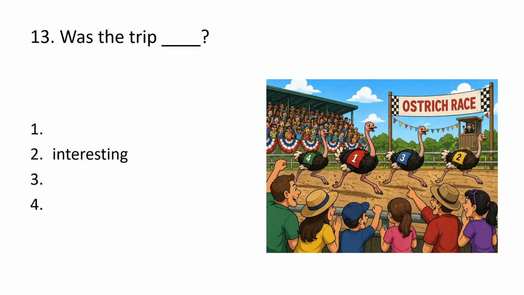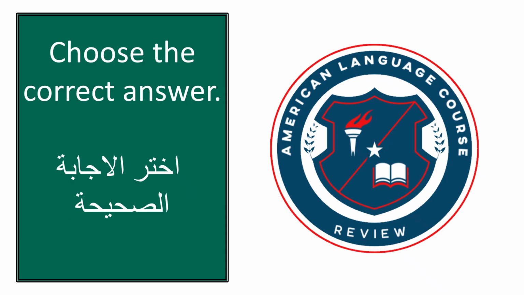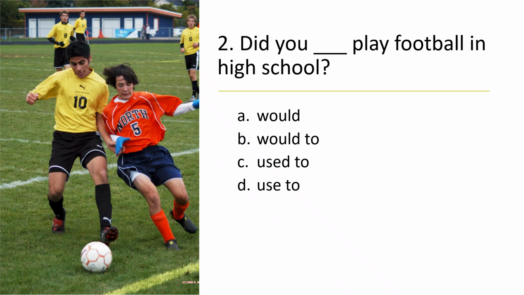Was the trip interesting? Book 12, Lesson 4, Evaluation Exercise F. Choose the correct answer. Brenda got up earlier than Sue. Did you used to play football in high school?